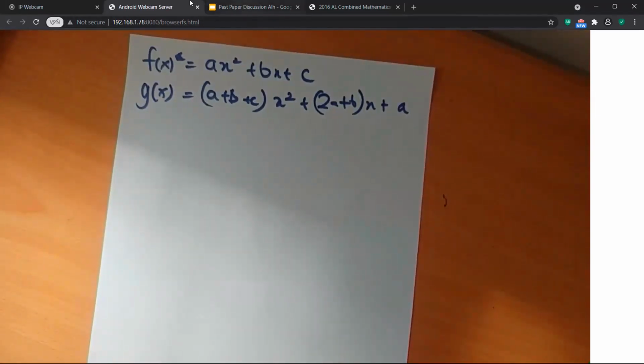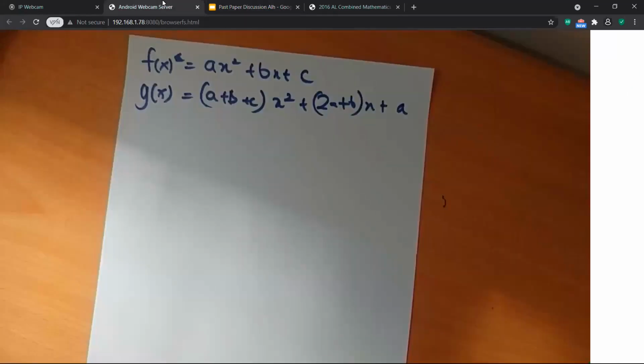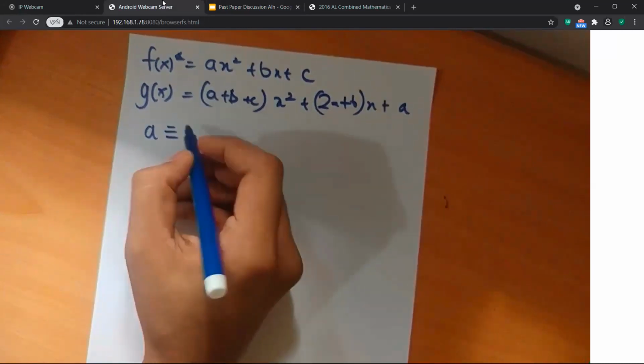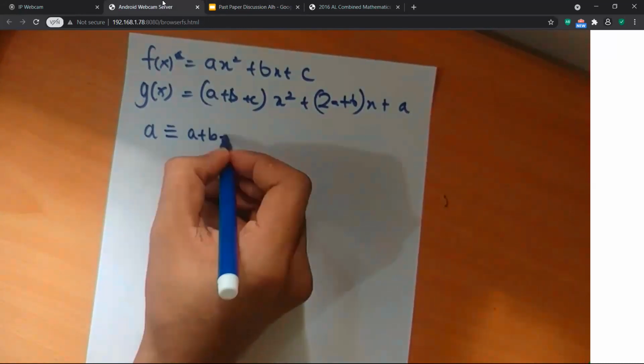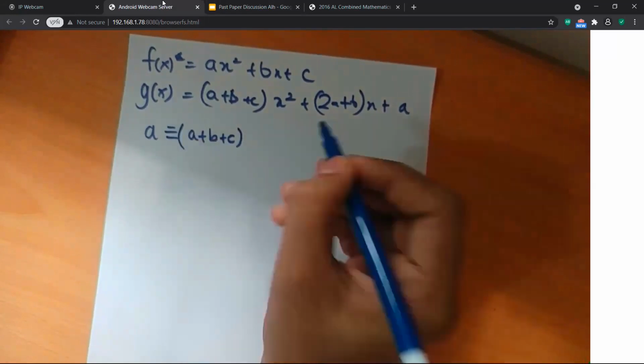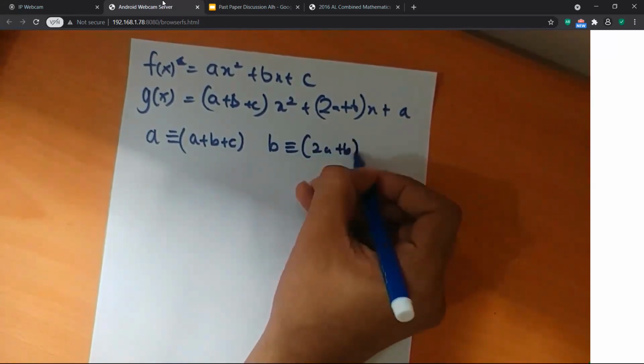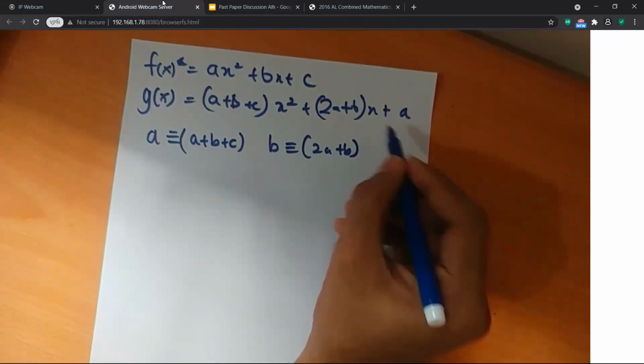Now we need to compare these two equations. Here, instead of a, what is the term? a plus b plus c. Instead of b, what is the term here? 2a plus b. Instead of c, this c is represented by a.